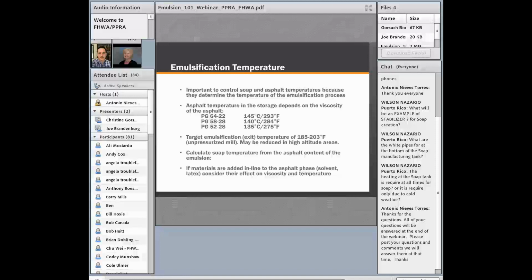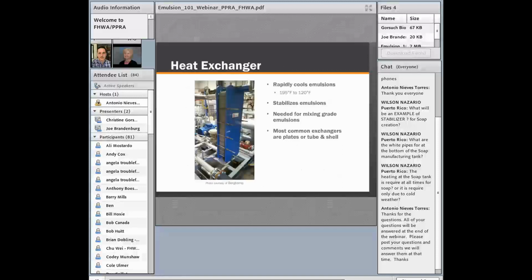Again, those temperatures can vary based on the amount of asphalt or residual you put into your emulsion, and also just the overall temperatures of your soap and your asphalt. Later on, I'm going to show you a slide, which I think will be available for everybody to look at after we're done, with the calculations on how to determine these critical temperatures.